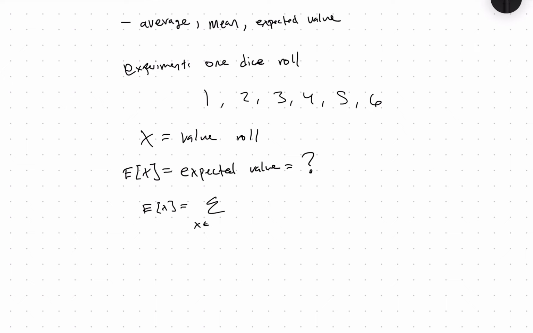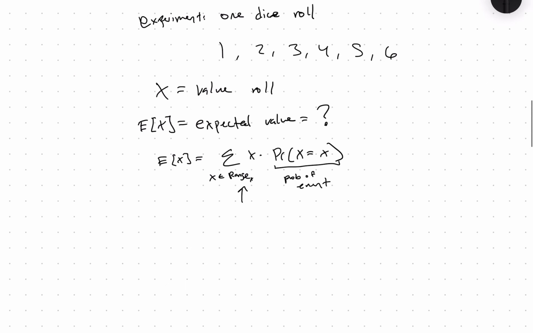Okay, so this formula really combines pretty much everything we've talked about so far. This is the probability of an event. And then this is all the values in the range of this random variable.